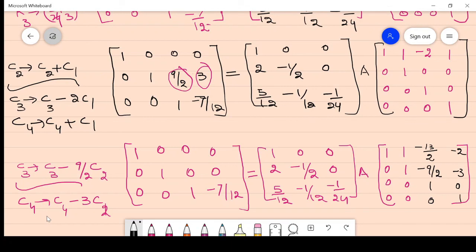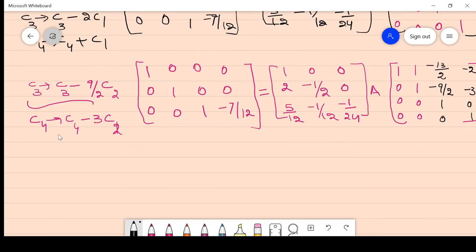Now for the next step, my aim is to make it 0. So apply the operation C4, which is C4 plus 7 by 12 into C3.